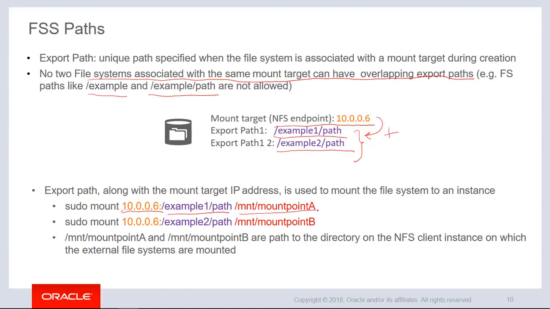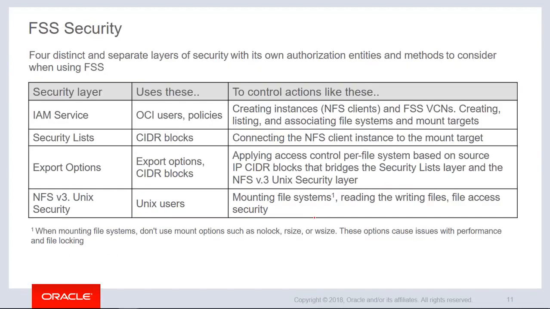So these are my mount points, my paths to the directory on the NFS client instance on which the external file systems are mounted. And because my paths are non-overlapping, I could run these commands and have two file systems accessible through the same NFS client on two different mount points. So I could access them accordingly.